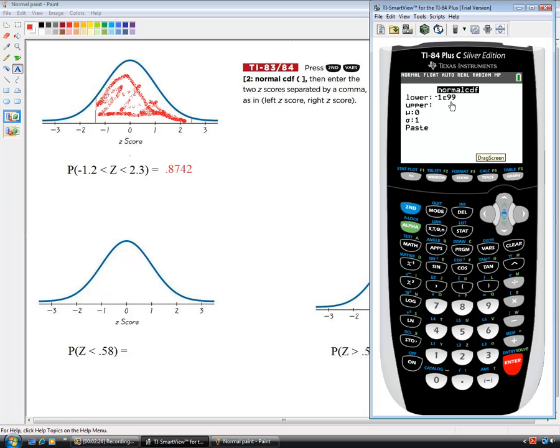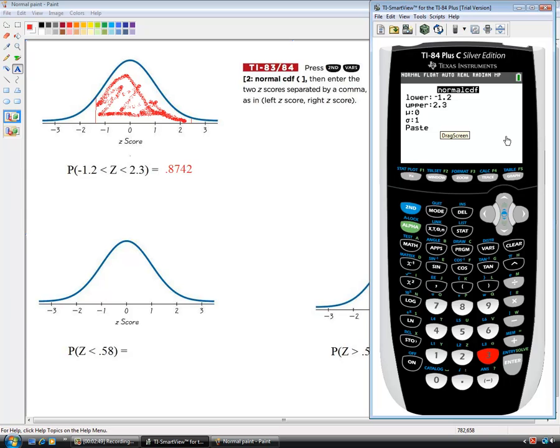I mentioned before negative E99 or positive E99, that would be good for this one, but what we do is give us the same value. The lower in this case is negative 1.2. We don't need a comma, it's going to use it in a minute, and positive 2.3. Now, these two things are essential if you've got this menu up. You need to enter in the mean and the standard deviation.